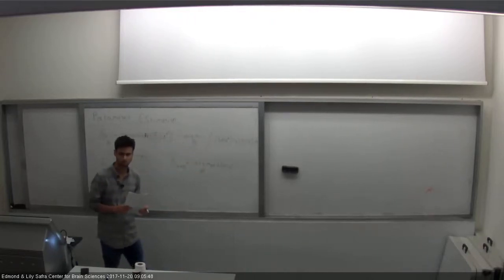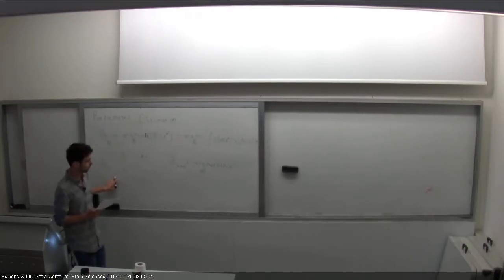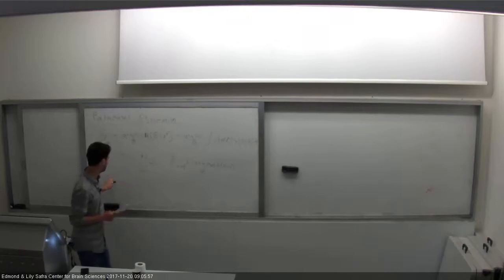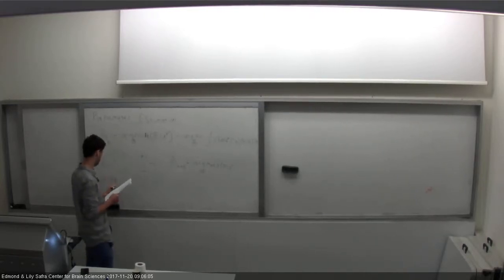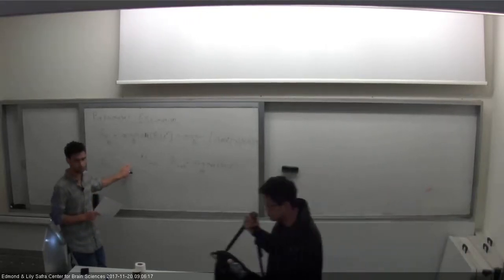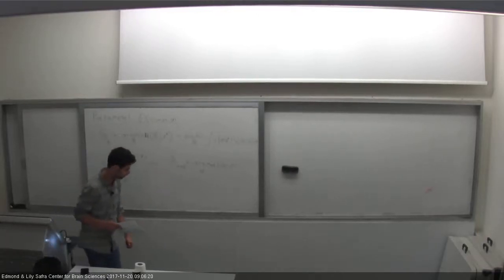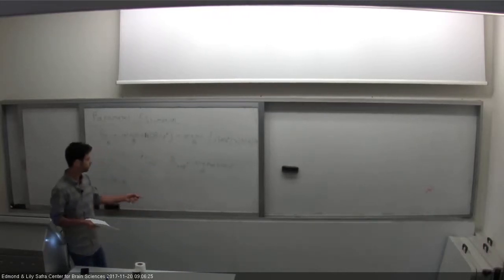This is the cost function, and in the continuous case, it's 1 minus delta of theta hat minus theta. This is in the continuous case, and this is in the discrete case. So if we choose this cost function, we get that the optimal estimator in the Bayesian framework is the MAP estimator. Okay?